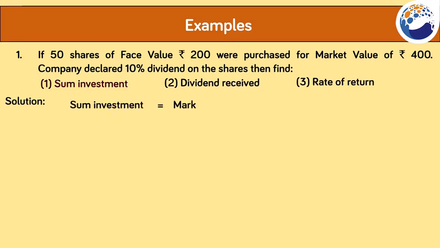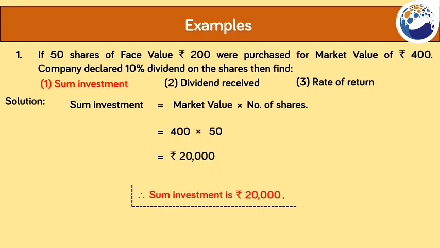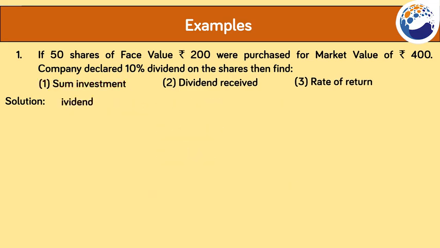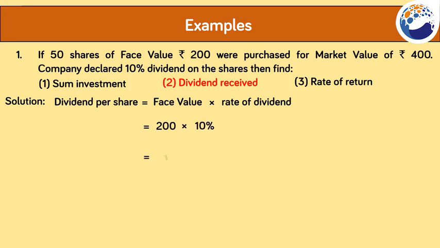Solution. Sum invested is equal to number of shares into market value is equal to 50 into 400 is equal to 20,000. Dividend per share is equal to face value into rate of dividend is equal to 200 into 10% is equal to 200 into 10 upon 100 is equal to rupees 20.